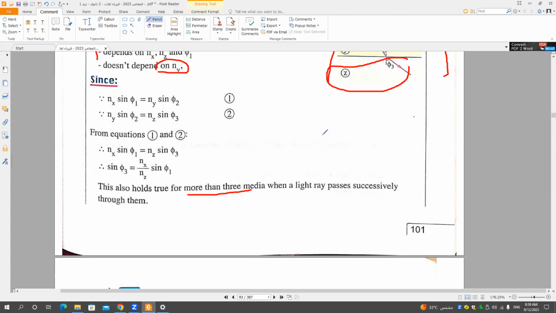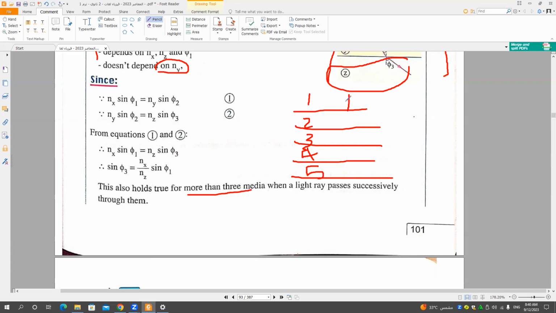So if we have five different media, for example 1, 2, 3, 4, and 5, we will deal with the first and the fifth one. The others will be independent.